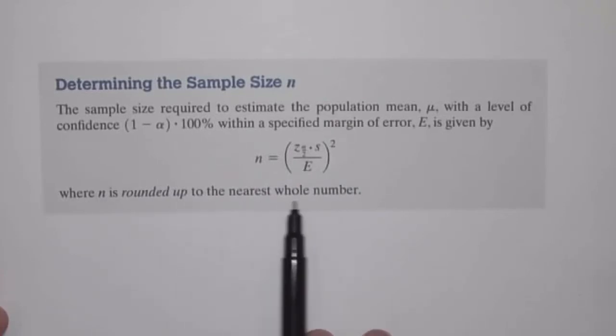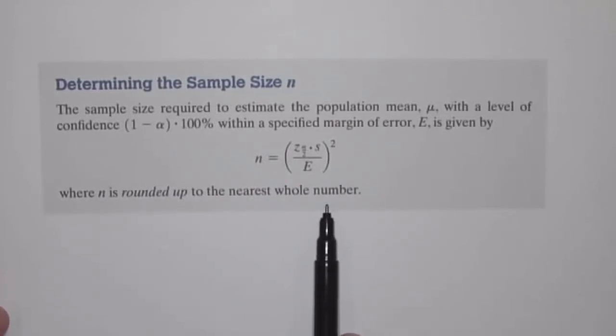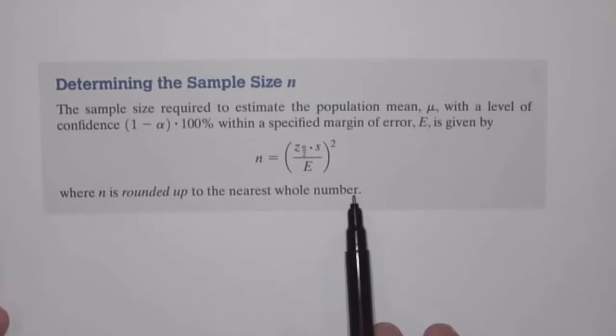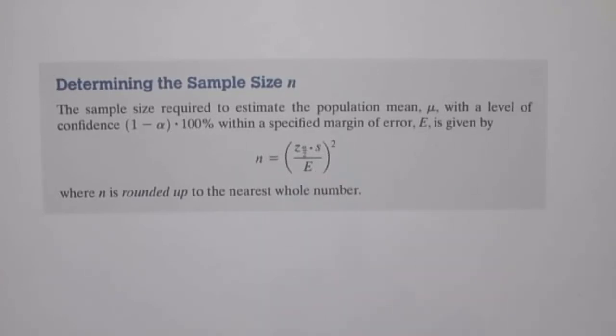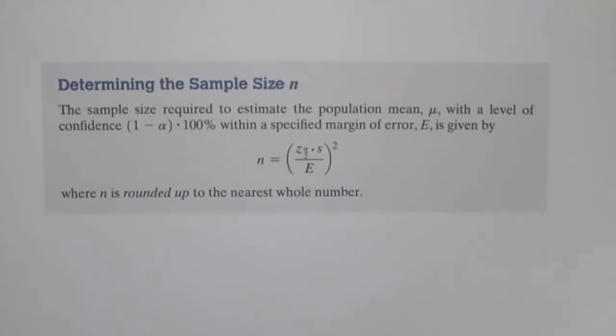So we're always going to round up to the next whole number. And again, s is a preliminary estimate for the sample standard deviation. So now that we have this formalized, let's look at an example.